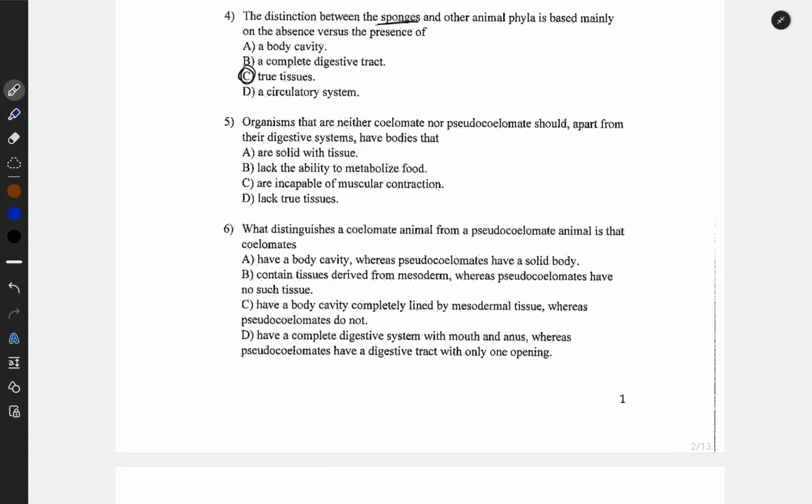Number 5. Organisms that are neither coelomate nor pseudocoelomate should, if you are not coelomate and you are not pseudocoelomate, that means you are acoelomate. That's what these organisms are.